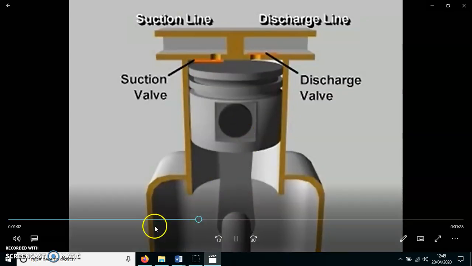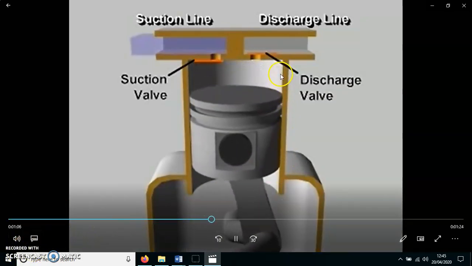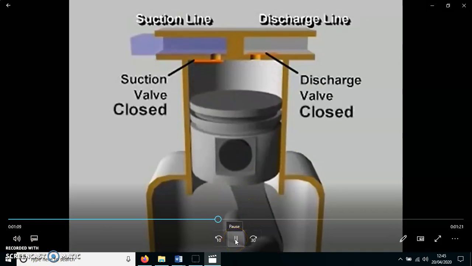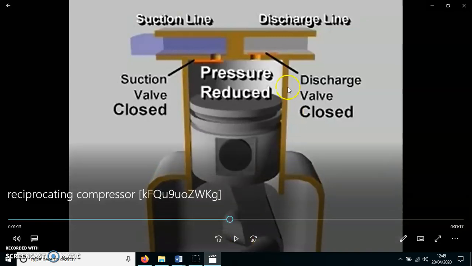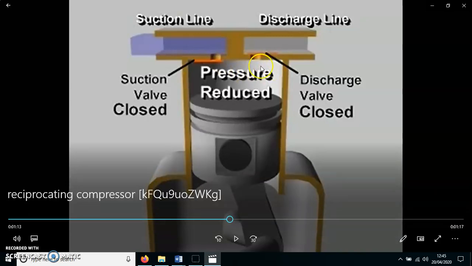At top dead center, the piston begins to move downward as the crankshaft rotates. Because both valves are closed, the downward moving piston reduces the pressure in the cylinder. Now you can see here, the piston is moving from top dead center to bottom dead center, but still your suction valve is not open. Why has it happened? It has happened because of the previous cycle: at the end of the delivery, inside the clearance volume there is some air, which is at delivery pressure P2.